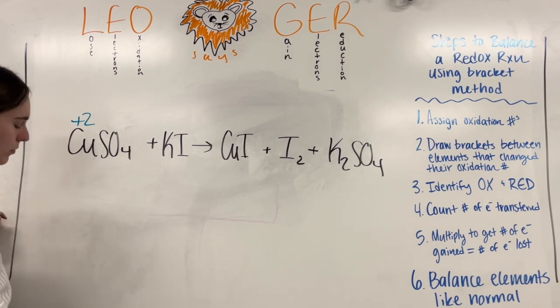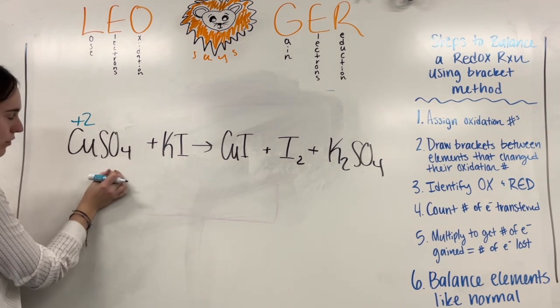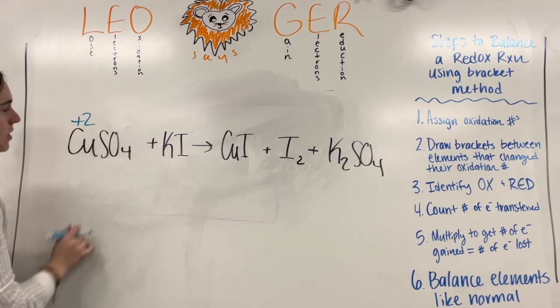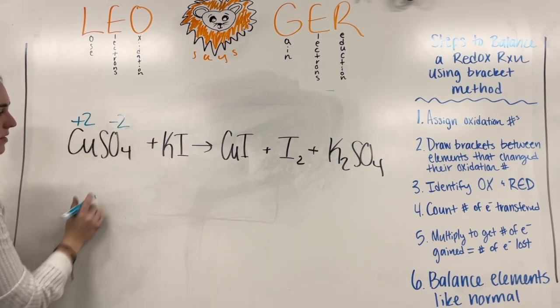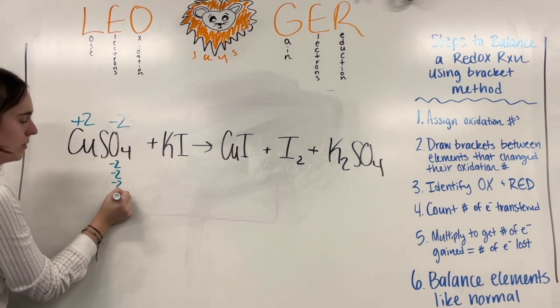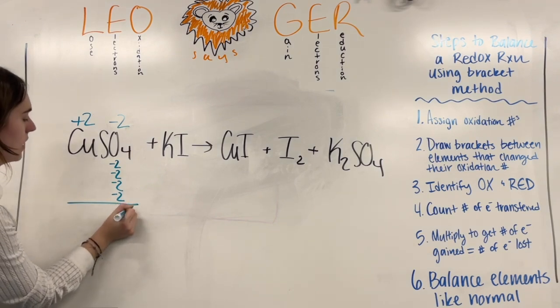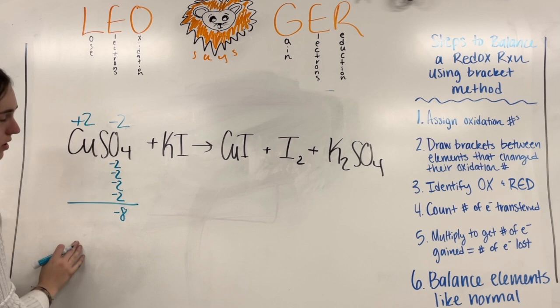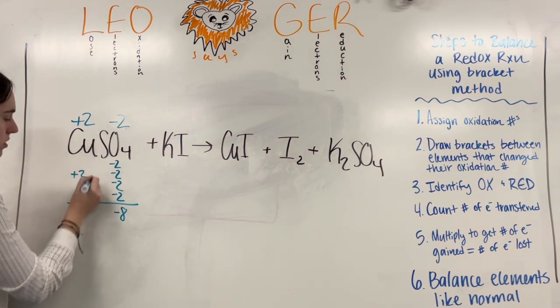It just gets a little bit weird when we're trying to think about sulfur, because all we know is sulfate is -2 total. So this is where we have to do some little math. So this is -2 again, it's oxygen. We have 4 of them. I'm just gonna write that again. So that's -8. We know copper's +2 to balance out that -2 total from the sulfate. So +2, I can carry that down.